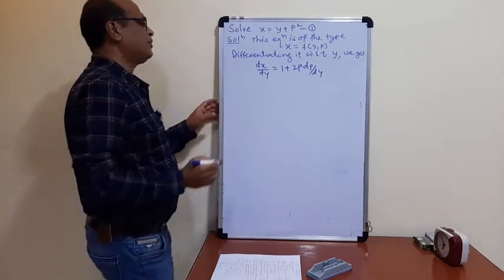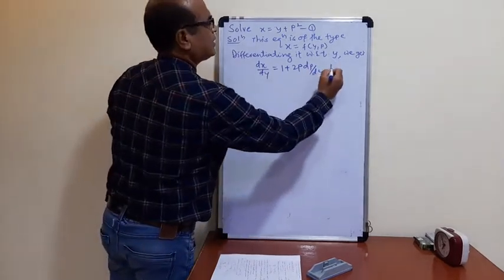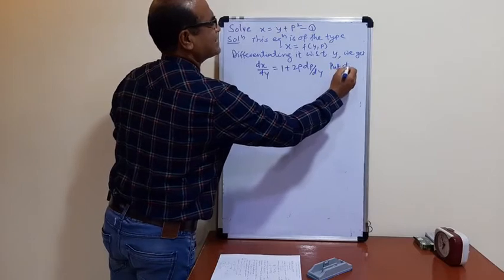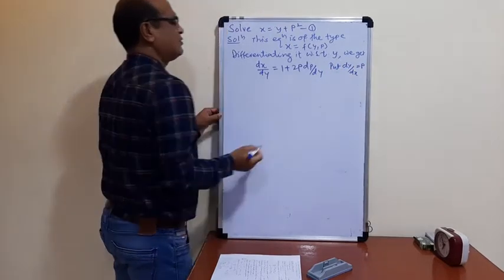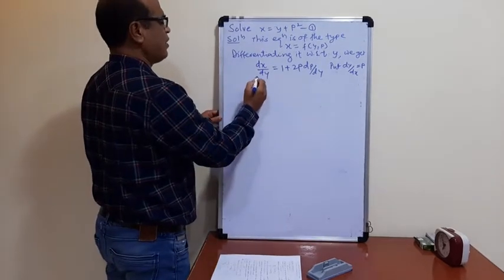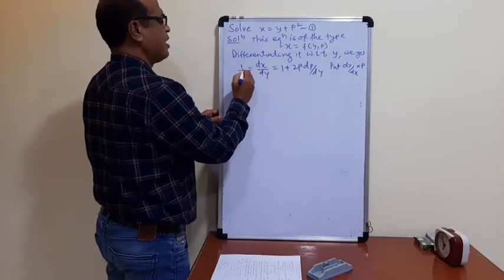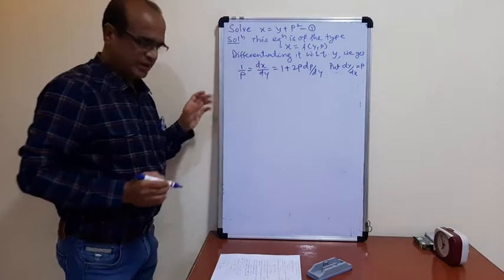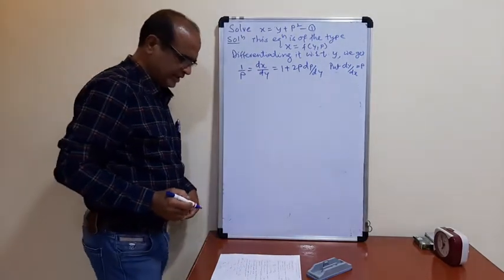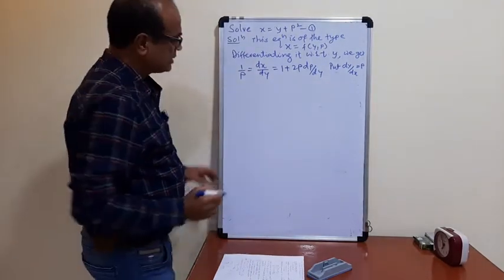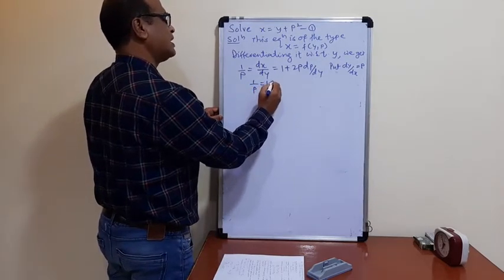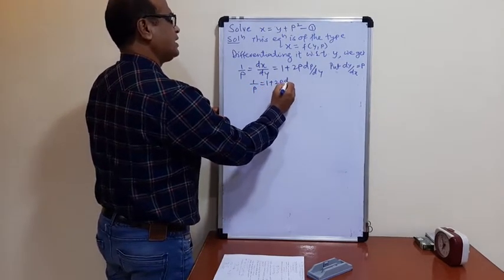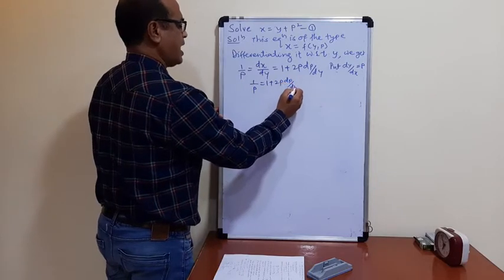Okay. So put dy by dx is equal to p here again. So what is dx by dy? So this is 1 upon p. It's so very simple here. So that is 1 upon p is equal to 1 plus 2p dp by dy.